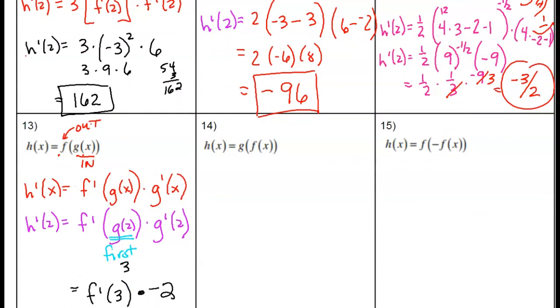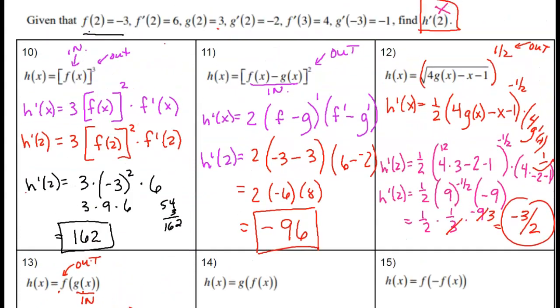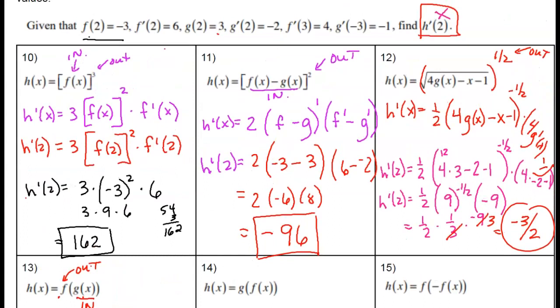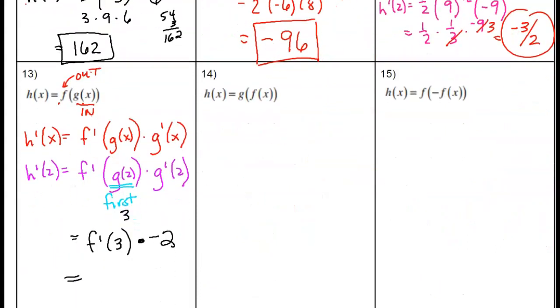That's a times. All right, so now I need to figure out what's f prime of 3. So f prime of 3 is 4. See, they weren't just being too sneaky. So negative 8. Okay, that is a review on compositions. It's tricky, but that's what it is.